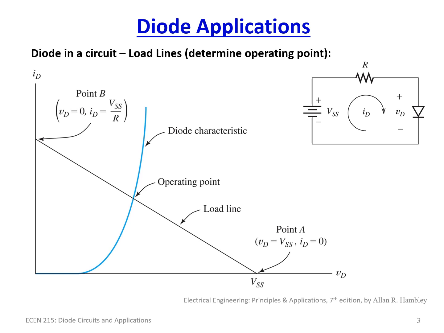So given that, you look for this intersection point, which tells us the voltage VD at a corresponding ID.